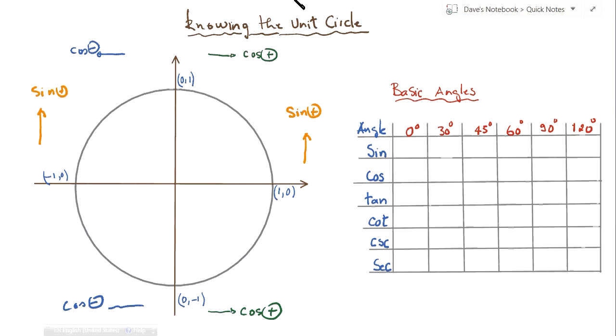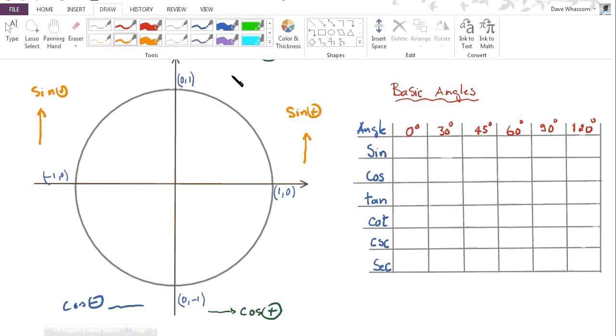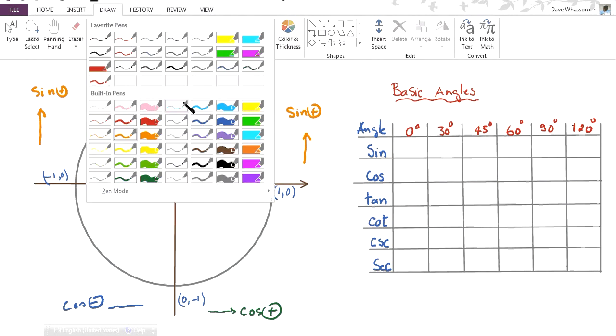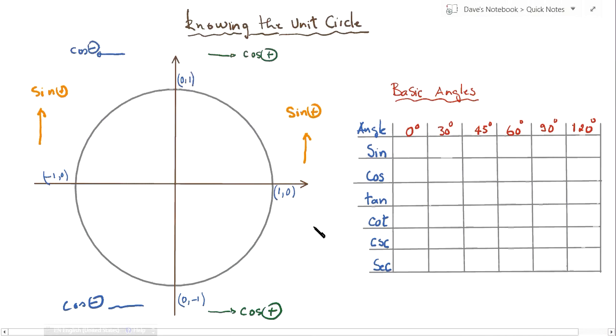And of course, the sine negative are the opposite sides. I'll take another color. The sine negative are these values here, going this way, and here, the sine negative.